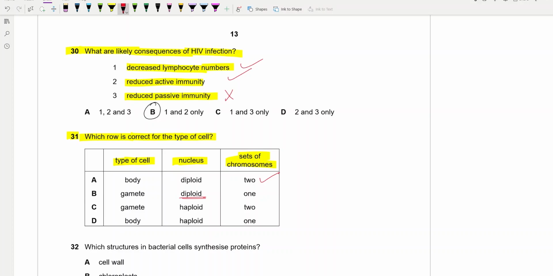The gamete has haploid and 2, which is wrong, and body haploid 1, which is also wrong. The body has diploid nucleus and 2 sets of chromosomes. The correct answer would be option A.